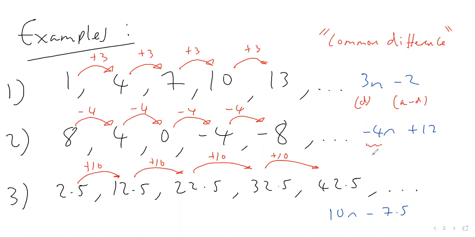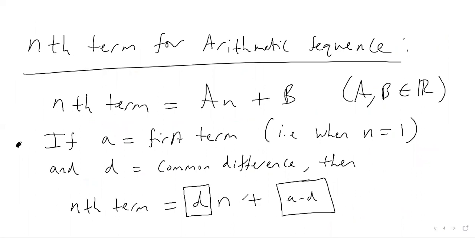In the second sequence the difference is -4, and the first term 8 take away -4 gives us 12. Again, this is the difference and this is a take away d. For the last one, the first term 2.5 take away the difference 10 gives you -7.5. So that's where this formula comes from.